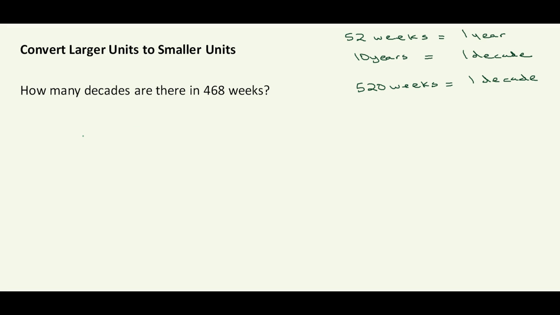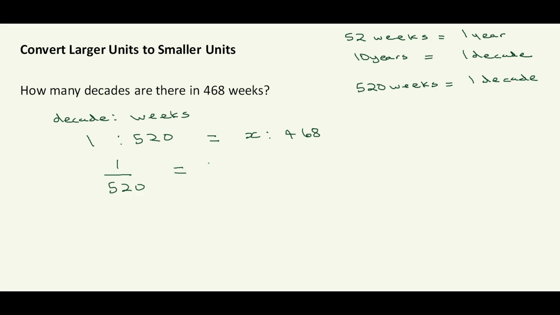So let's go ahead and deal with this. So we need decade to weeks is 520 to 1, which is equal to, actually that is wrong. So we have, in 1 decade we have 520 weeks. So this is going to give us x to 468.